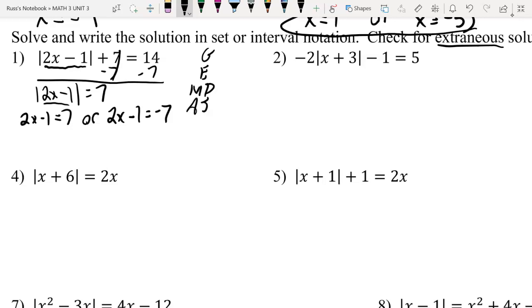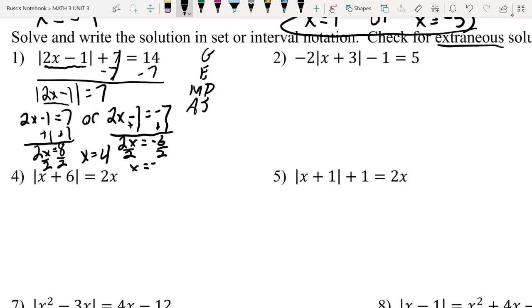So plus 1, 2x equals 8, and divide by 2, so x equals 4. Or plus 1, 2x equals negative 6, so x equals negative 3. So x equals 4, or x equals negative 3.